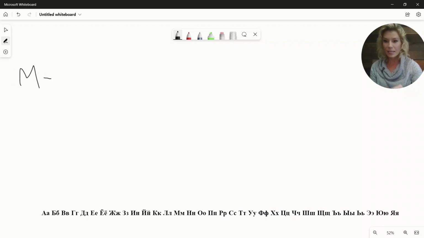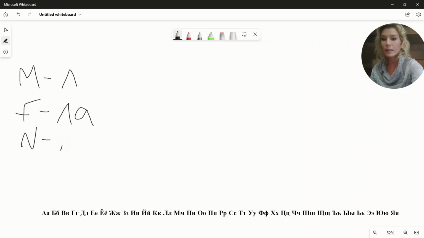If we're speaking past tense and you're using the masculine gender, the ending of the verb will be L. If you're speaking feminine gender, it will be L, A, la. Neuter will be L, O. Pronounce la as well. And then plural. If we're speaking plural past tense, it will be L, I, li, like that.